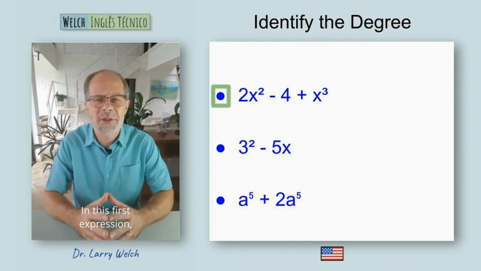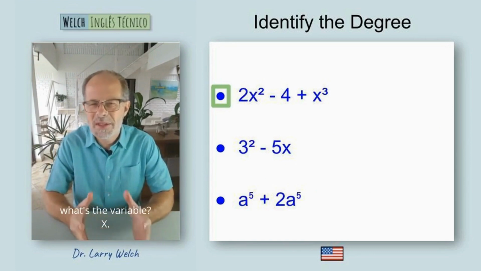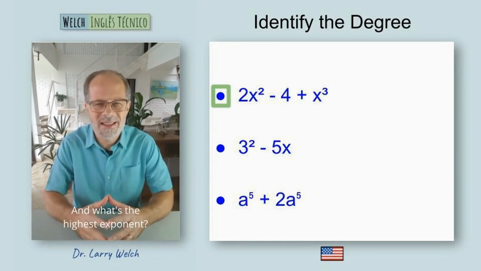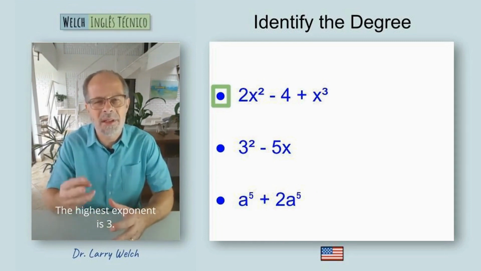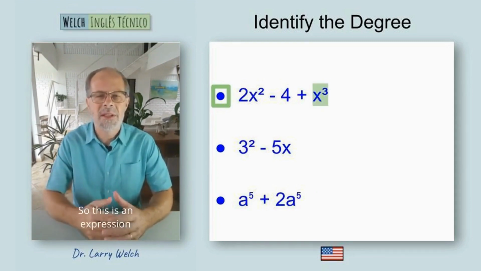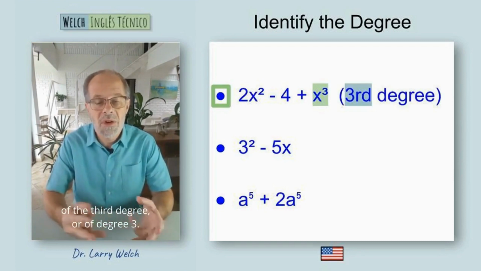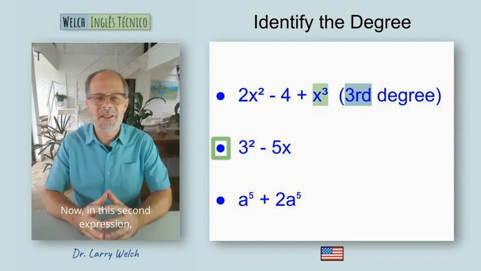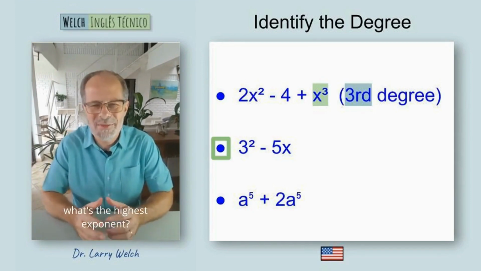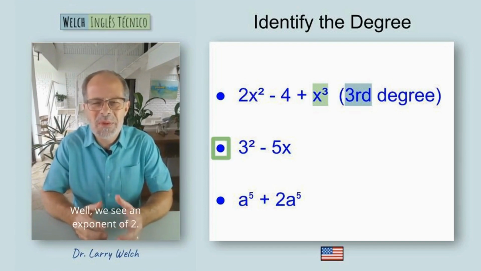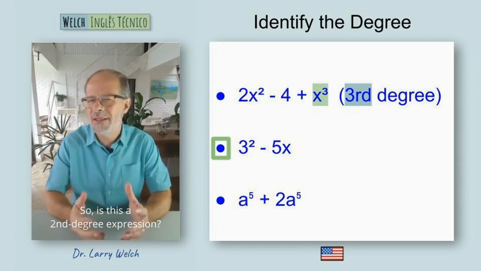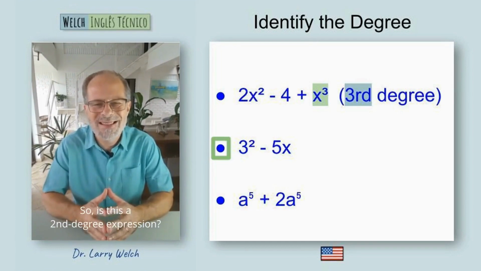In this first expression, what's the variable x and what's the highest exponent? The highest exponent is 3, so this is an expression of the third degree or of degree 3. Now, in this second expression, what's the highest exponent? Well, we see an exponent of 2, so is this a second degree expression?